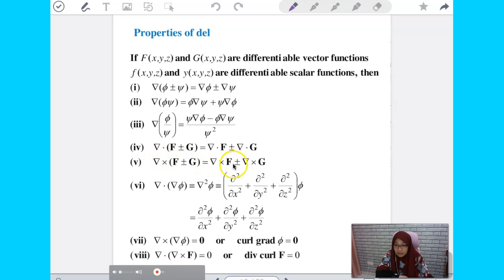Or you can use this formula where you find the curl separately, so the curl of F plus minus the curl of G.